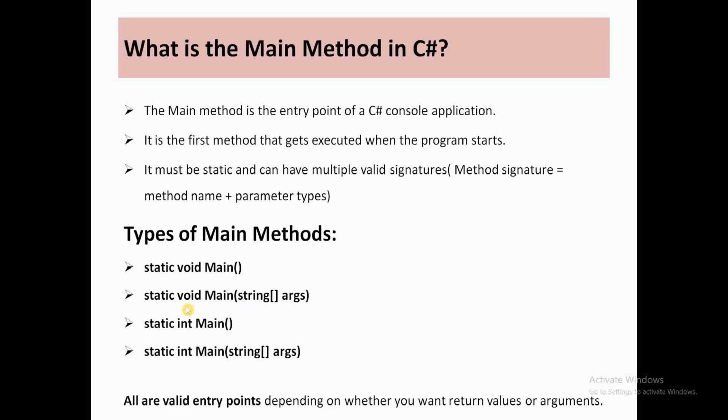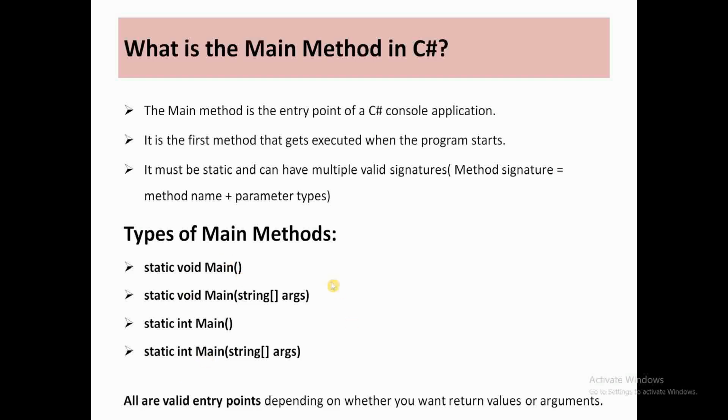We are returning nothing, and we are using a string array of arguments. Next, we are returning an integer value rather than using void, but without parameters in the main method. And the next one is static int Main with parameters. We are returning a value in integer form and also having string parameters in the main method.